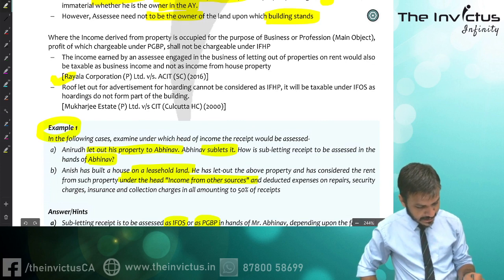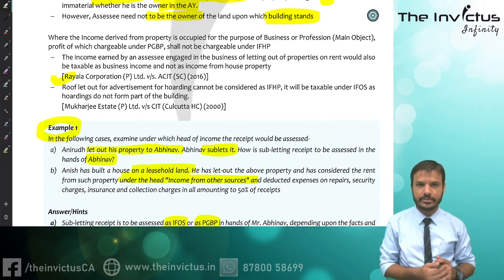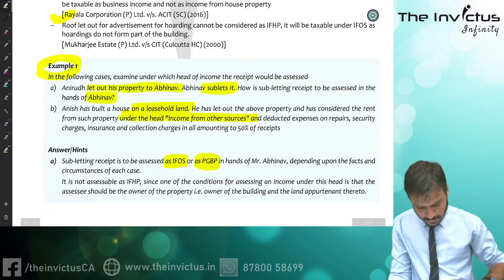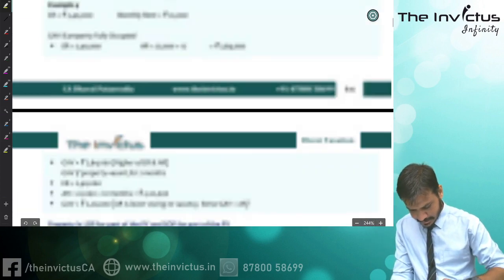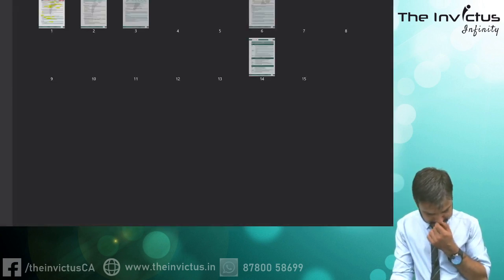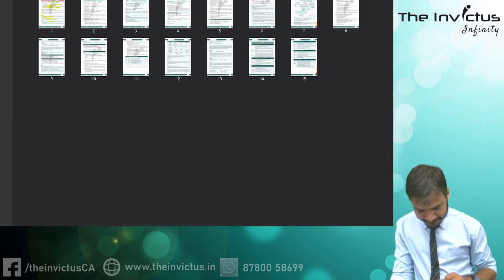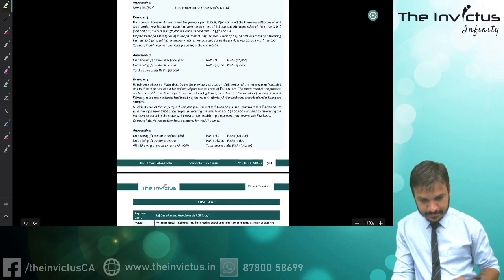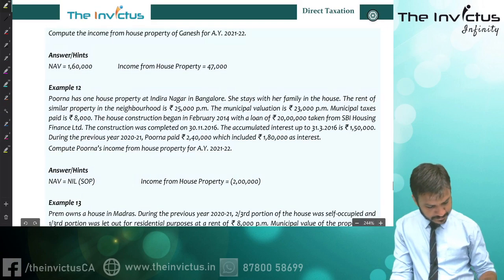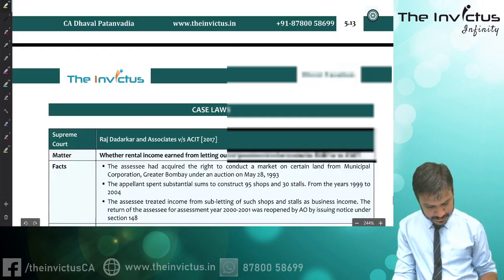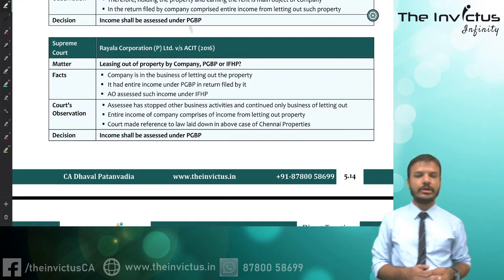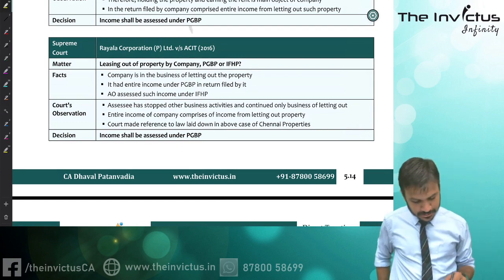Now, two cases I have discussed in our earlier discussion of this session. First is Dayala Corporation, Supreme Court judgment in 2016.